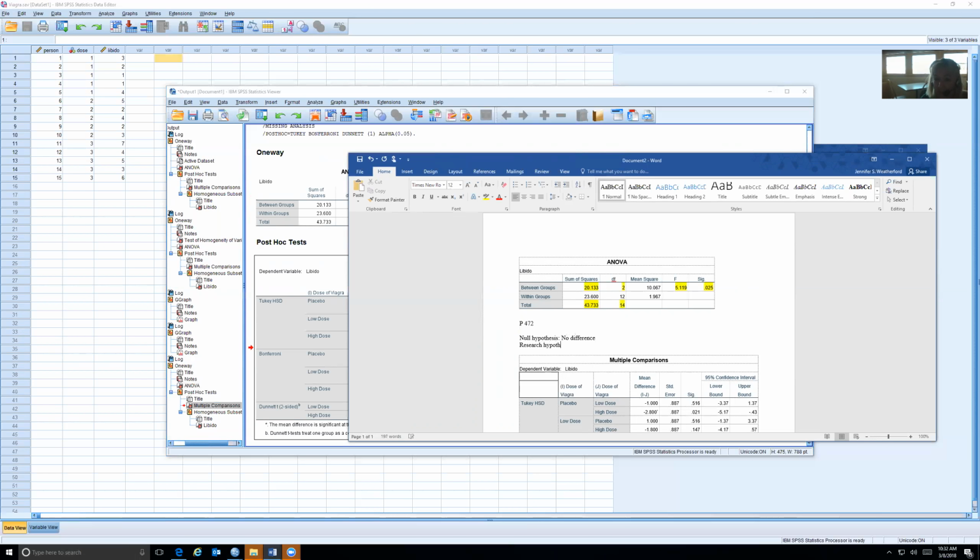So our research hypothesis was there will be a difference in libido depending on dose of Viagra. Okay, and what we found here is that there was a difference. We're rejecting our null. We'll say there was a difference.